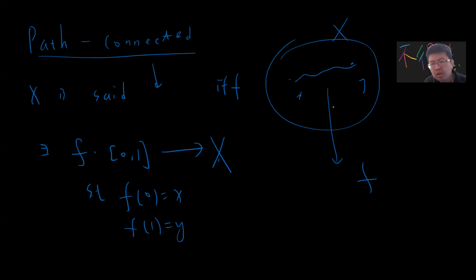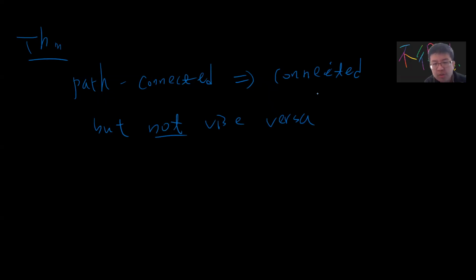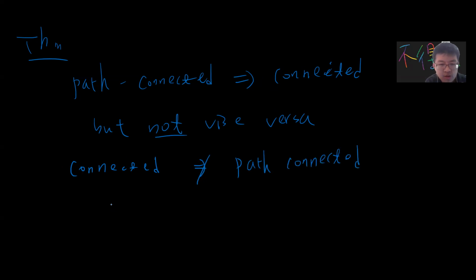So path connected implies connected, but not vice versa. This means that connected does not imply path connected. Let me just quickly talk about an example: you can consider sine of 1 over x. You will keep going like this, and it becomes something like this.